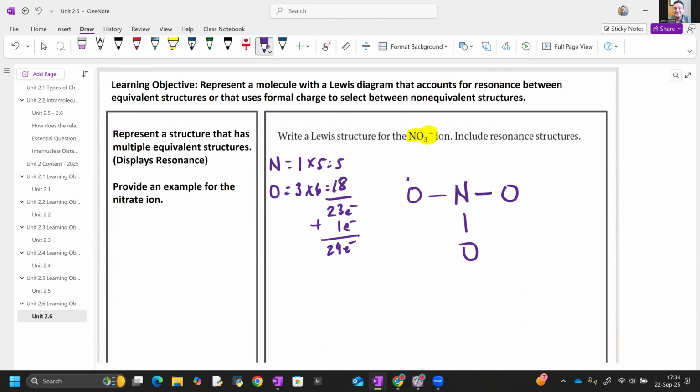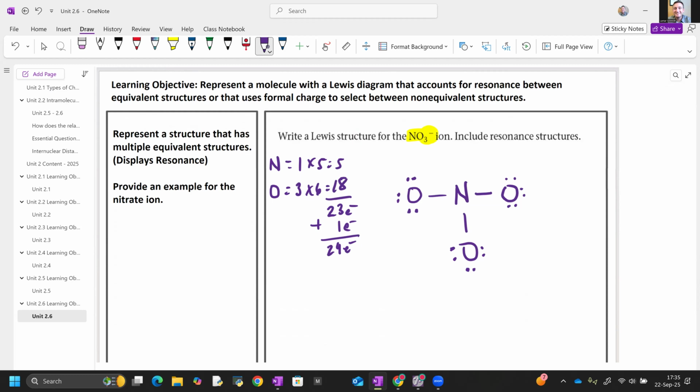And so we show 2, 4, 6, 8, 10, 12, 14, 16, 18, 20, 22, 24.